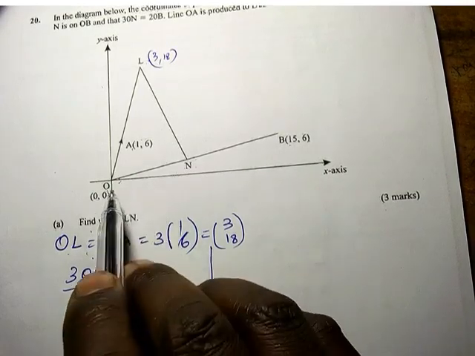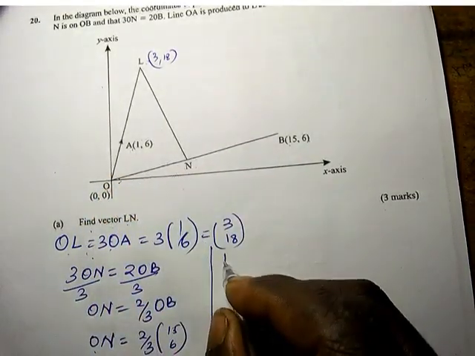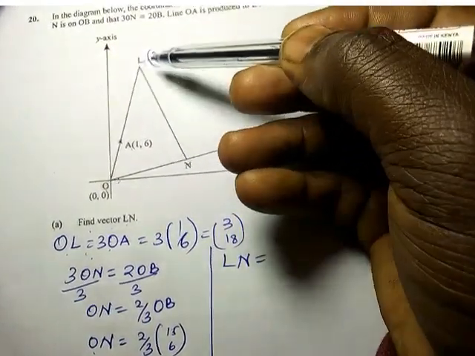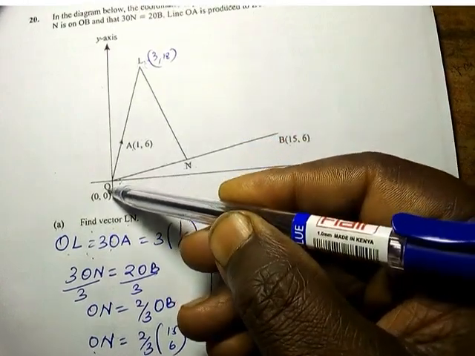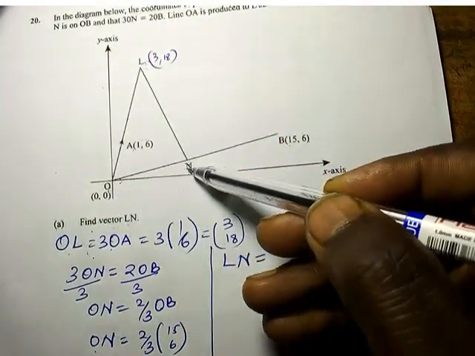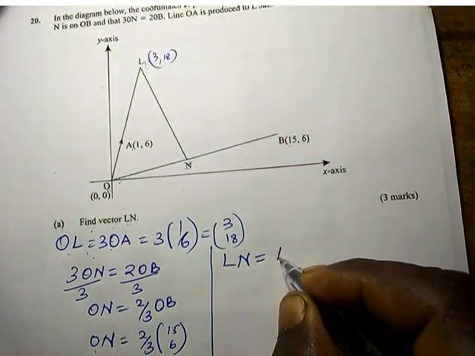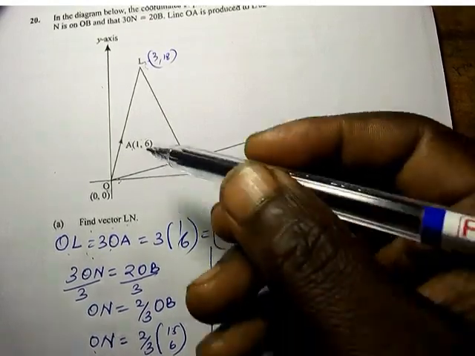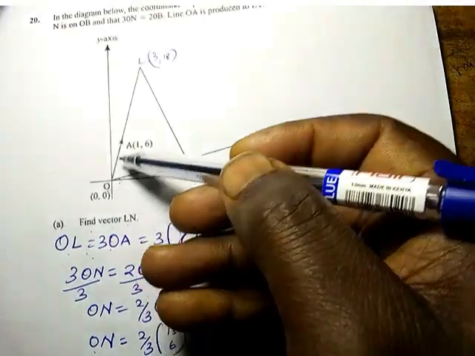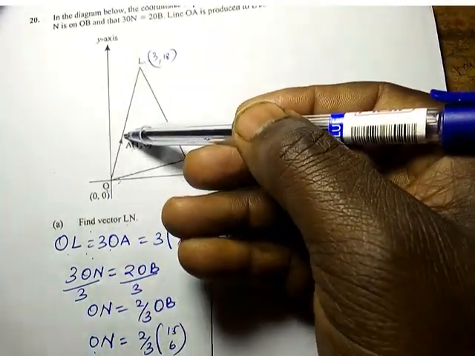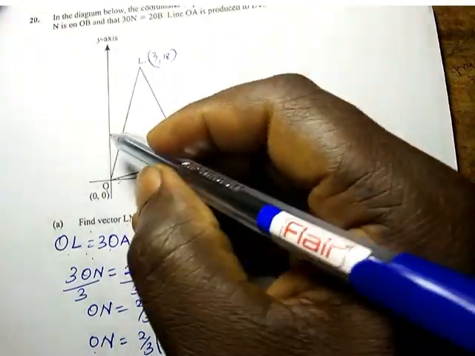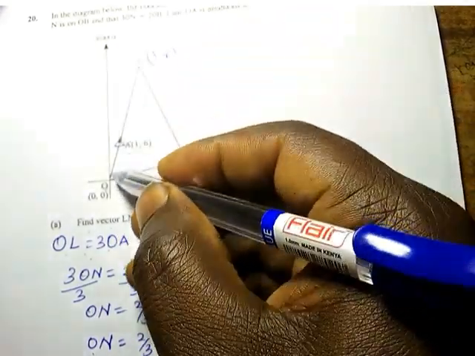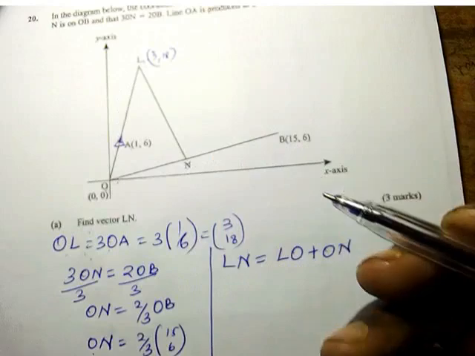Now we can find LN. LN is equal to LO plus ON. But when we are moving from L to O, we are moving against this vector. Remember, the arrow is going up, but I'm coming this way, so it is against this and it is going to be negative.